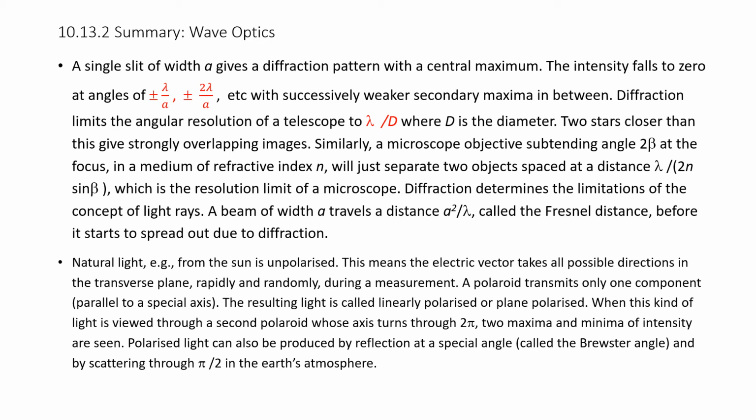When this kind of light is viewed through a second Polaroid whose axis turns through 2 pi, two maxima and minima of intensities are seen. Polarized light can also be produced by reflection at a special angle called Brewster angle, and by scattering through 90 degrees or pi by 2 radians in Earth's atmosphere.